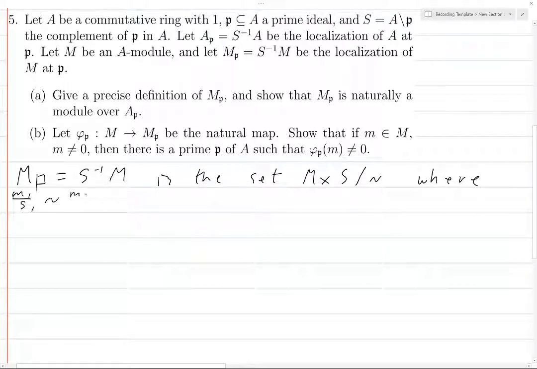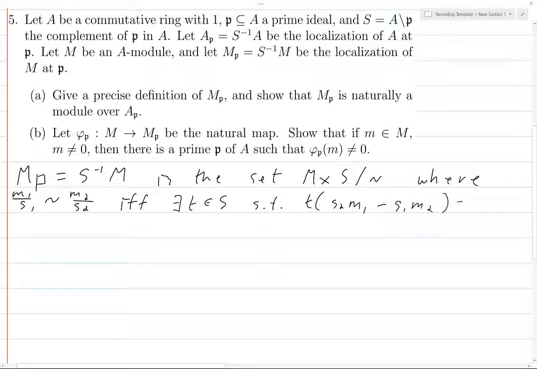M1 over S1 is equivalent to M2 over S2 if and only if there is some t in S such that t times (S2 M1 minus S1 M2) equals 0.